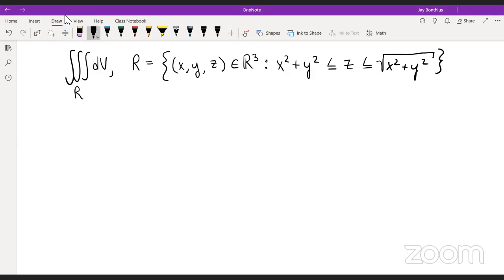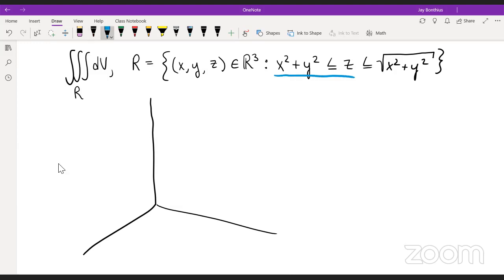So it may be a little difficult to get a picture of what's going on here. Maybe we could use GeoGebra or something, but I'll try to give you a slice of what's happening. z equals x squared plus y squared is an upward facing paraboloid whose vertex is at the origin. z greater than or equal to x squared plus y squared is all the points that are above and on that paraboloid.